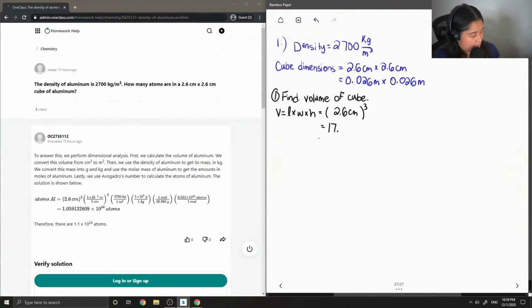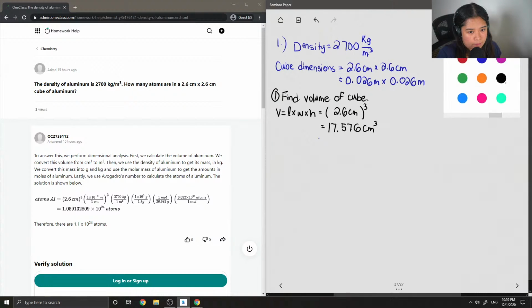So 2.6 centimeters cubed is equal to 17.576 centimeters cubed.